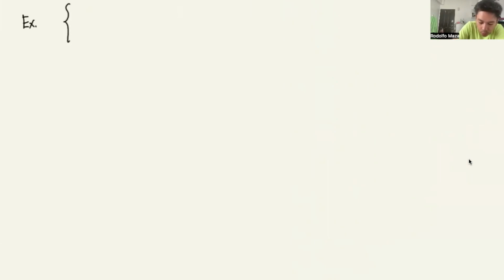So, you have 1 over n squared plus 1. We know that from n equals 1 to infinity, or even from 0 to infinity, this converges to 0. So, let's prove that this is true.